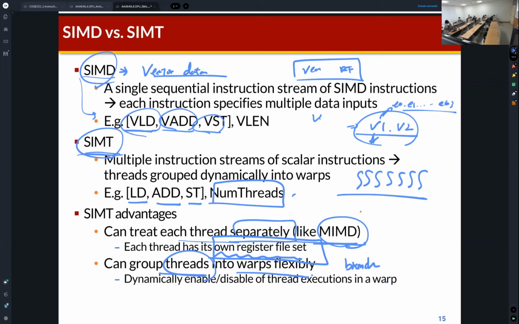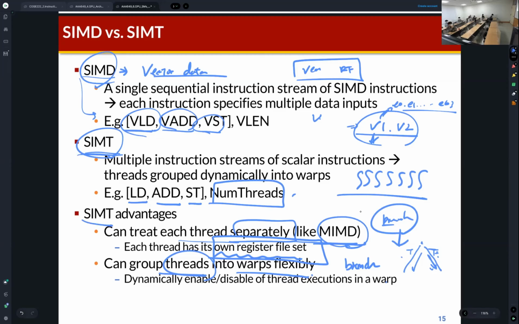What does that mean? If we have a branch instruction, the condition of this branch is determined at runtime, and based on the condition, the execution path diverges. Based on the true or false of the branch, we can execute this path of instructions, or we can execute another path of instructions.